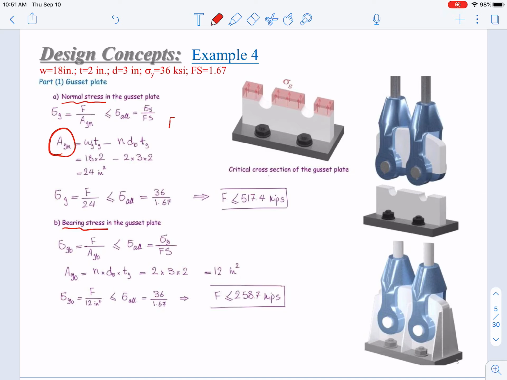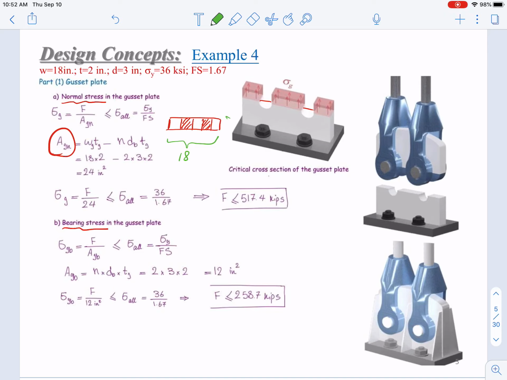Right, so in this first step, normal stress of the gusset plate, as we mentioned, the cross-section area is just this long rectangle. This is the cross-section of the gusset plate, and you have 2 holes. So you subtract these 2 holes, and you get the cross-section area. The overall size is just W times T, here 18.